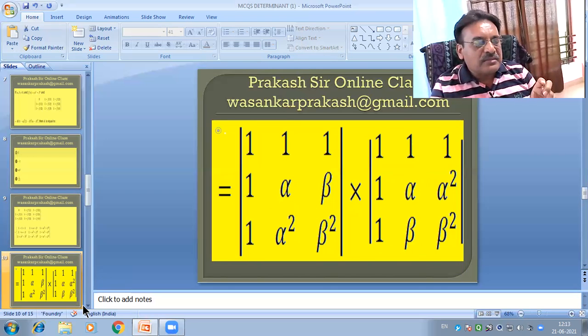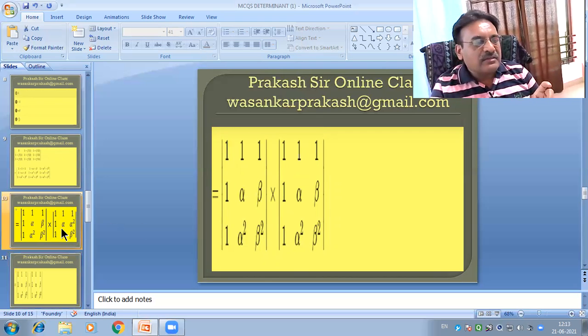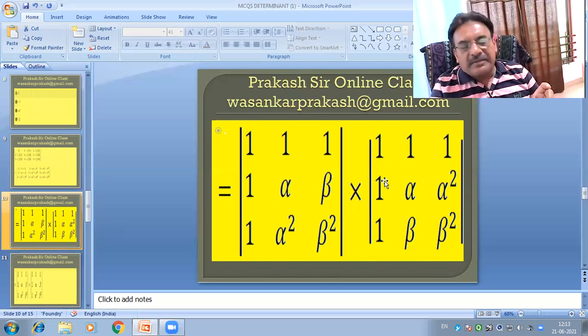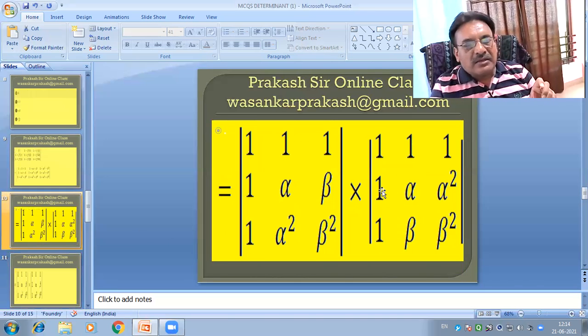So the first determinant as it is, which is equal to 1 1 1, 1 alpha beta, 1 alpha square beta square, and then we write here the transpose of the second determinant. That is, here these rows and columns are interchanged. So in the first column 1 1 1, second column, that is the second row interchanged to the second column, 1 alpha alpha square.